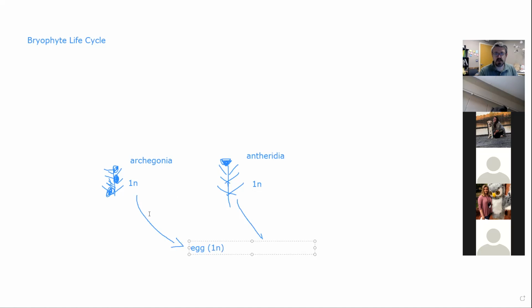And that means that we went through a process called mitosis because we're going 1N to 1N. Even though we think in humans about doing meiosis to make eggs or sperm, that's not the case here because we're staying 1N to 1N. For the male side, we're going to have sperm, also 1N. Also, we went through the process of mitosis.